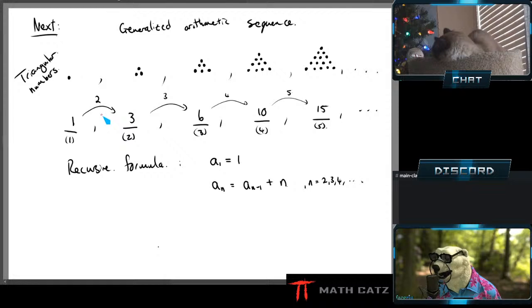So because it's not an arithmetic sequence, because the number I add changes, I can link that change to the position I'm trying to find. In this case it's the easiest, in the sense that it's just the position value itself that I add, showing that the further into the sequence I go, the bigger my jump is going to be.